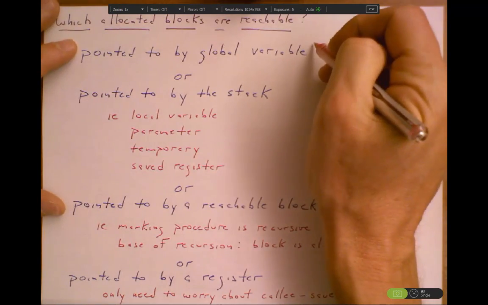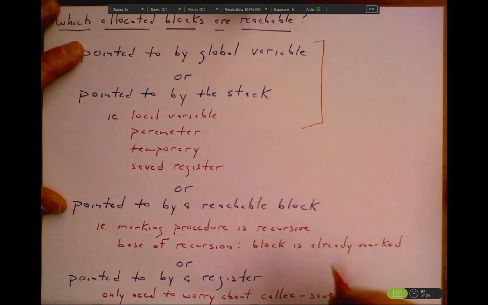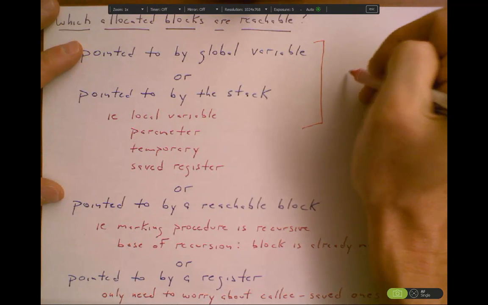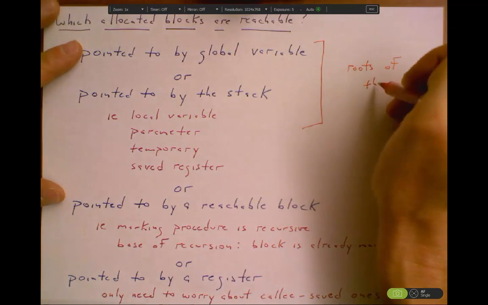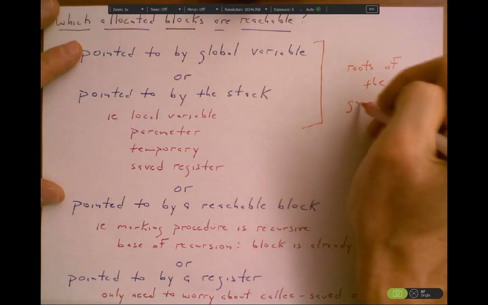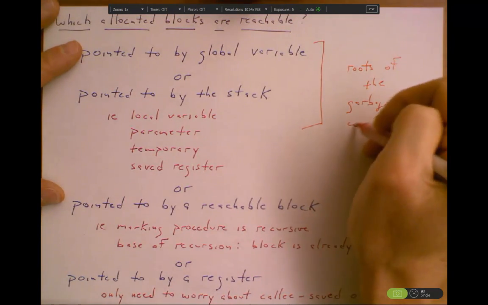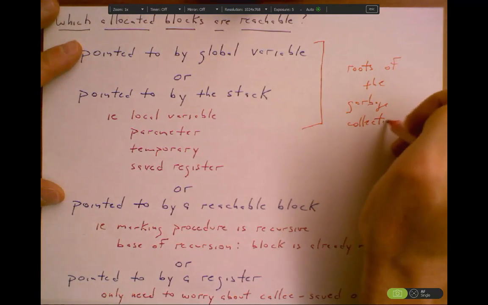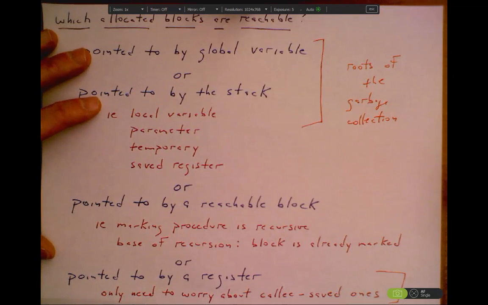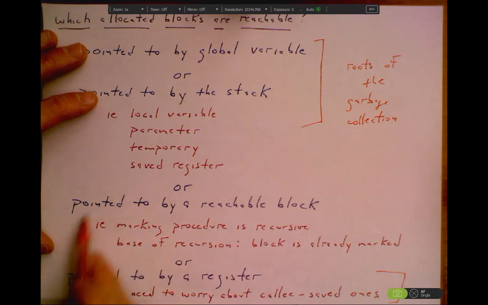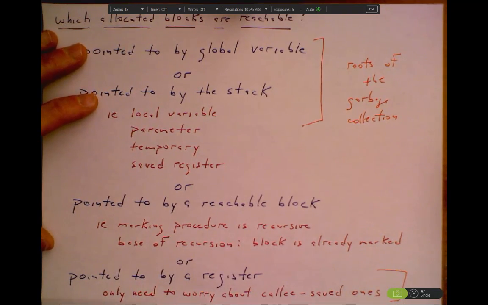By the way, sometimes we talk about these three, I probably should have put them in a different order, I guess. These three are the roots of the garbage collection. These blocks that are reachable, we need to search them again.